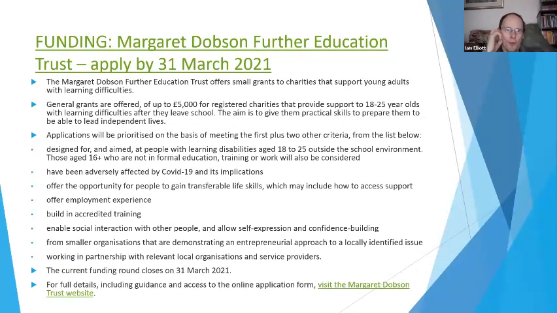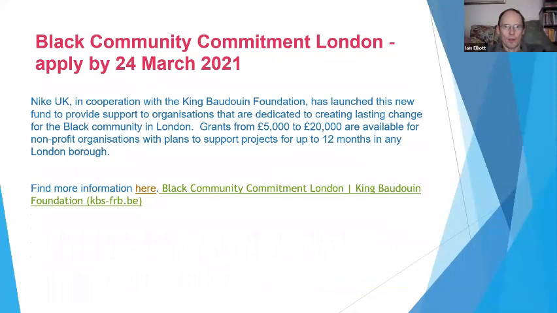Margaret Dobson Further Education Trust, apply by the 31st of March. Up to £5,000 for registered charities providing support to 18 to 25-year-olds with learning difficulties after they leave school. Again, there's a link on the slide for information.